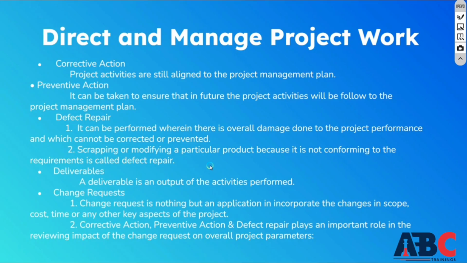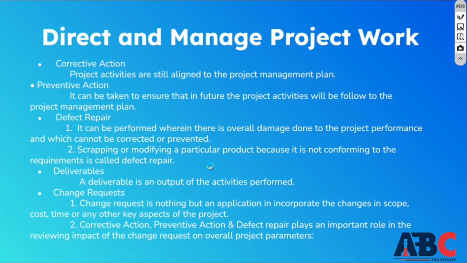You can add all those things in preventive actions, in which you can make some changes in the plan according to future activities that can be delayed. You can take preventive action by changing the original project management plan.